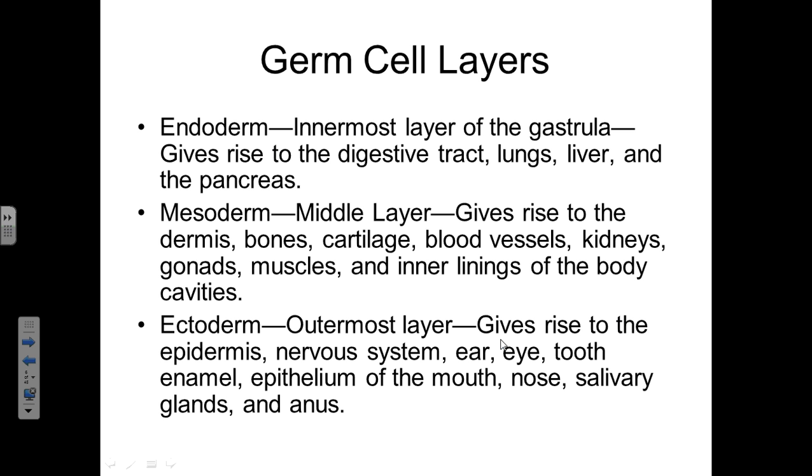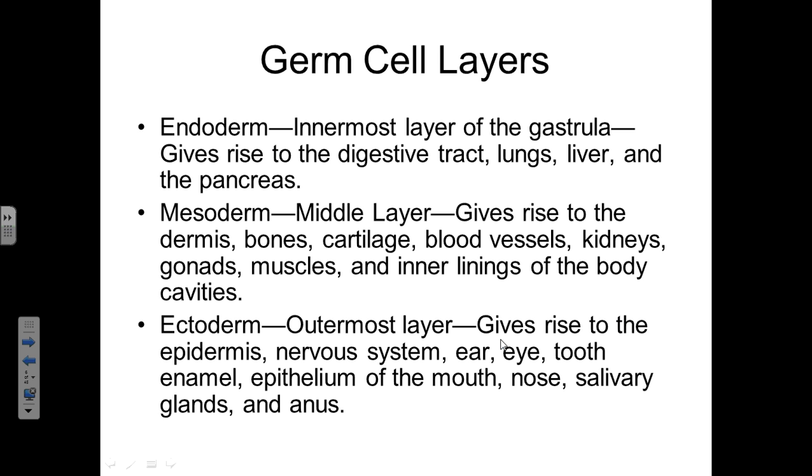On the other hand, the mesoderm is the middle germ layer. It makes a lot of things that are sort of in the middle of your body. For example, the dermis. What's the dermis? It's the middle layer of the skin. What's above the dermis? Epidermis. And what's below the dermis? Called the hypodermis. There's 3 layers of skin. This is the middle one, made by the middle germ layer.